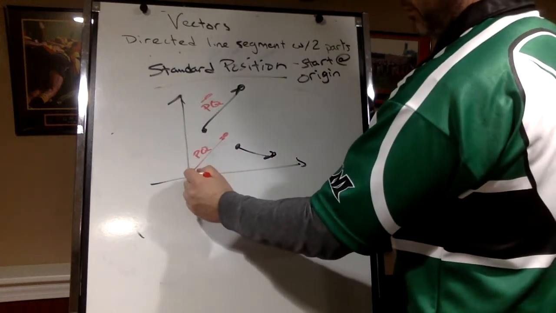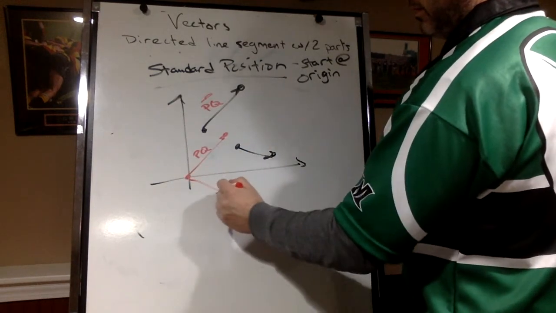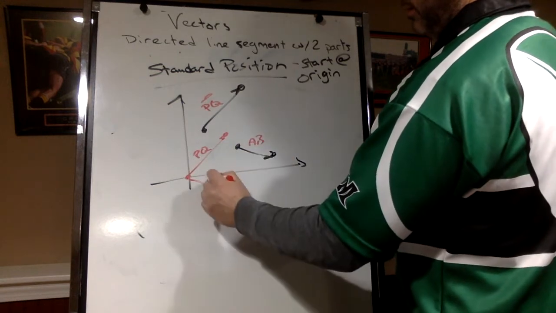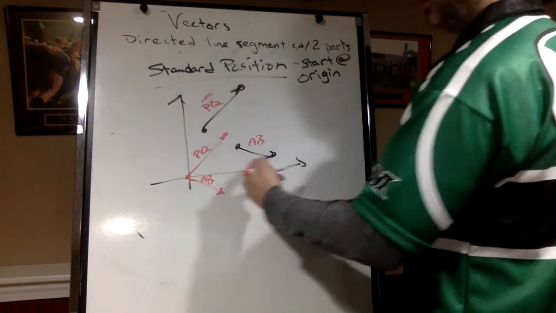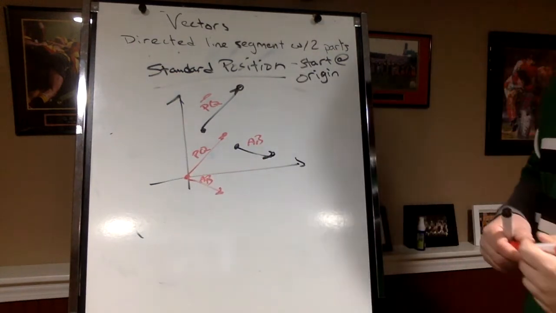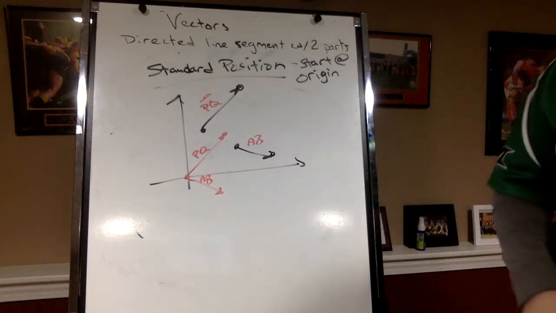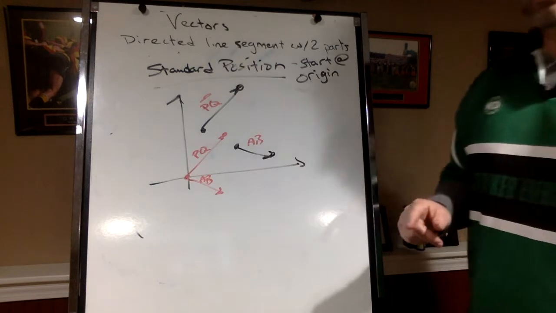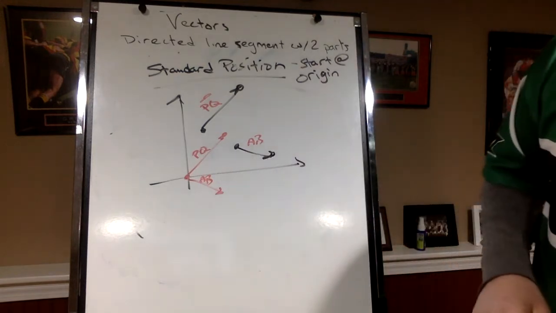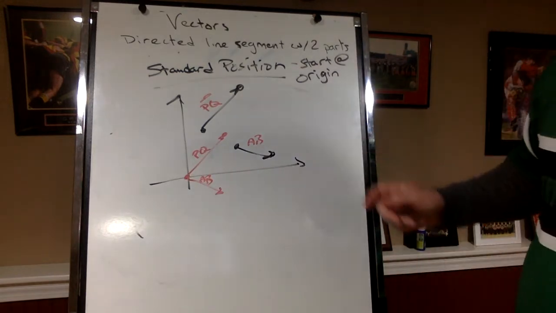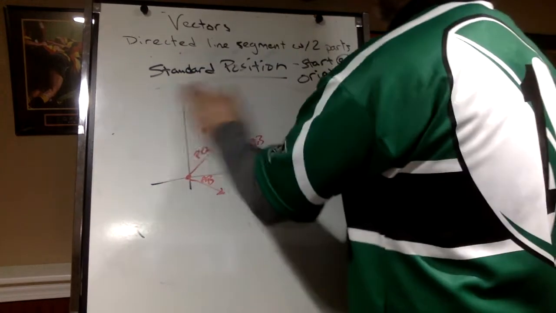Okay, and we can move this one. Again, we'll go with AB. We can move AB to the origin. That's standard position. Makes life a heck of a lot easier. And it's going to help us here when we start talking about component form, because component form will move it.